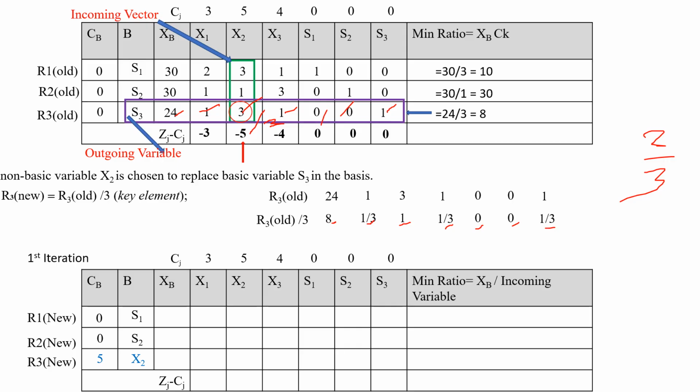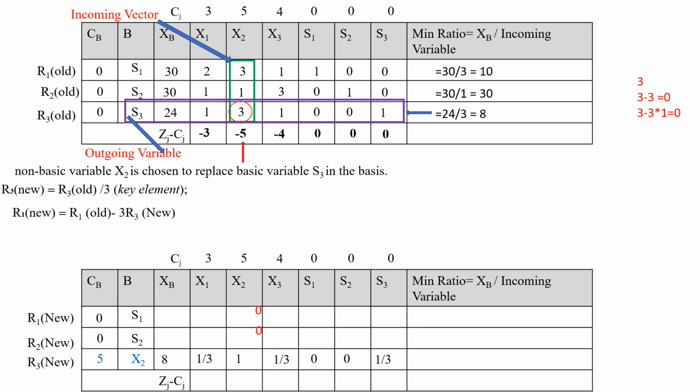Then you have to enter these values in the R3 row of the new simplex table. So the row 3 values become 8, 1 by 3, 1, 1 by 3, 0, 0 and 1 by 3.